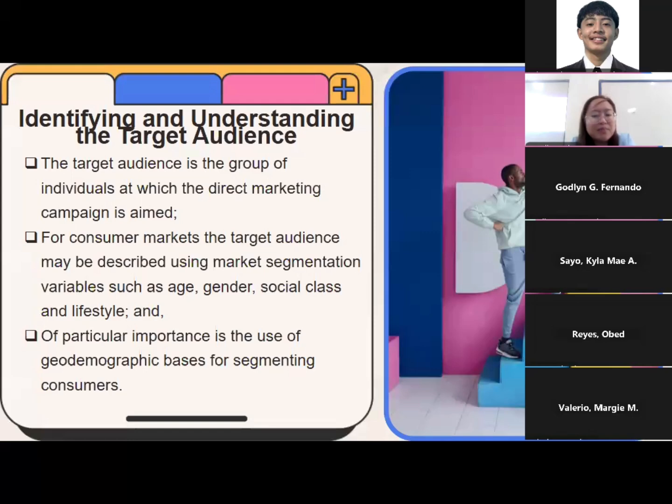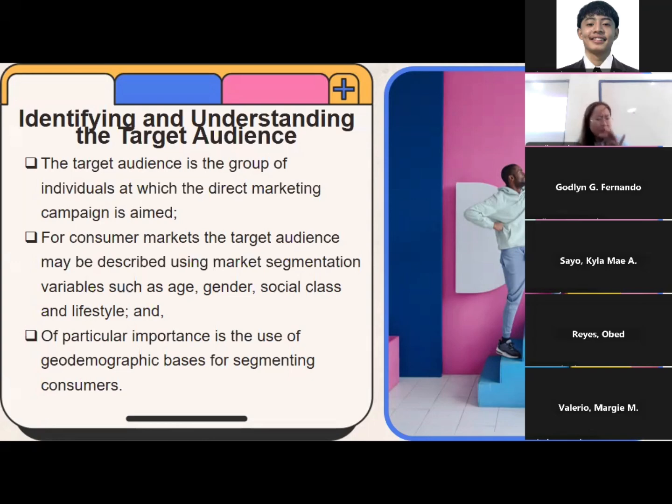Another is Dun and Bradstreet. This company provides detailed business information and lists for direct marketing purposes. So they help other businesses target specific types of organizations and decision makers based on factors like industry, company size, and job title. Another example is Acorn, a geodemographic segmentation system.